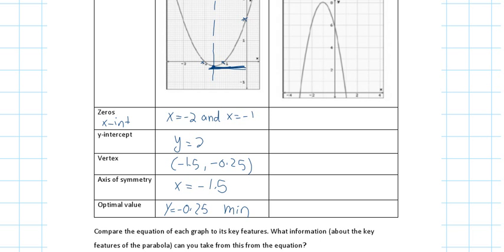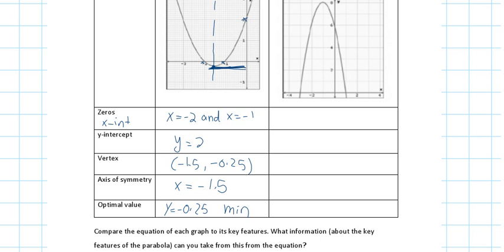So if we look at the second graph, again, we're looking for the zeros or the x-intercepts. What would be the zeros or the x-intercepts? I'm waiting for you guys.